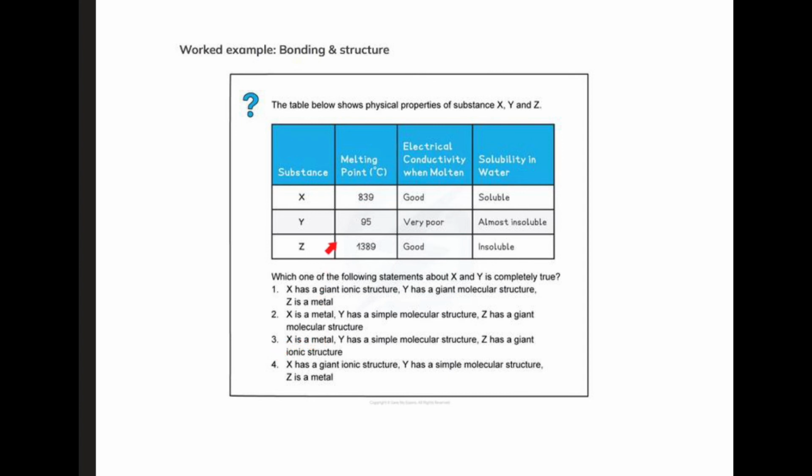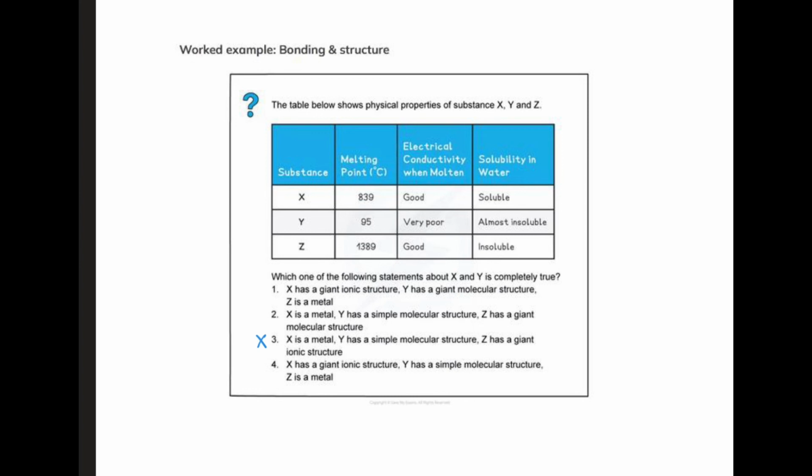Let's see whether this is a metal or not. Metal is not soluble in water. So we have to reject number 3 because metal is not soluble in water. I reject 3 first. Then I should reject 2, right? Because X is not a metal.